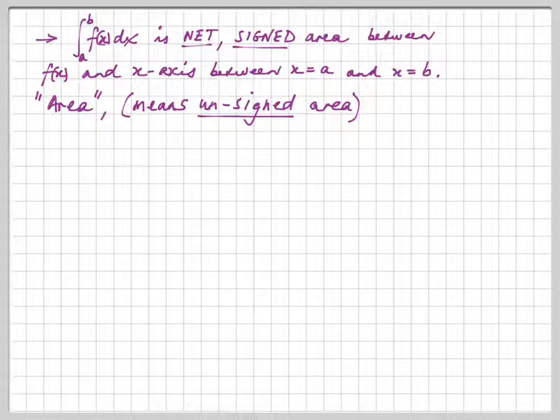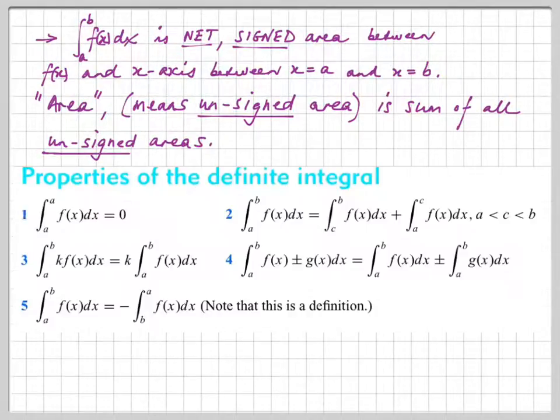They're not talking about pluses or minuses, they're just talking about the amount of land, if you like. The geometrical area is all added up without any pluses or minuses. So you've got to get that straight too. There's a difference between the integral, which is a signed area, and just area, which has no sign, okay? And there's no cancellation, no net at all in that. So it's a sum of the unsigned areas, okay?